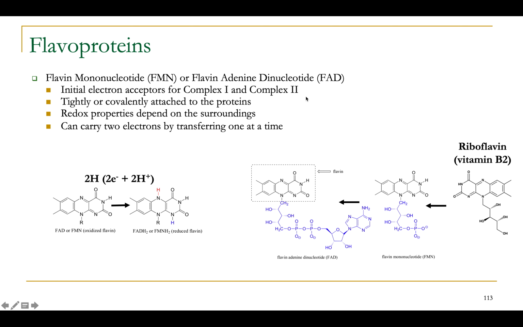The flavoprotein-based electron carriers, as mentioned before, have the lowest affinity for electrons within the electron transport chain, and because of that, they are present in the initial steps of the electron transport chain within complexes 1 and 2.